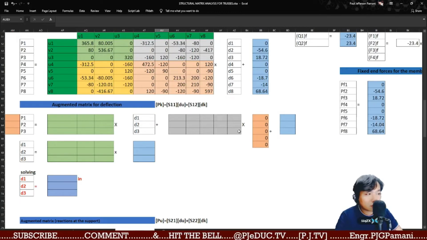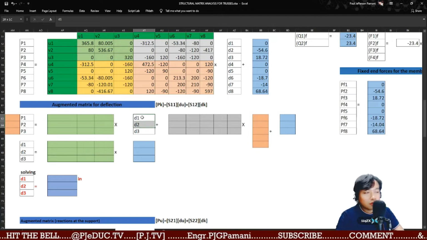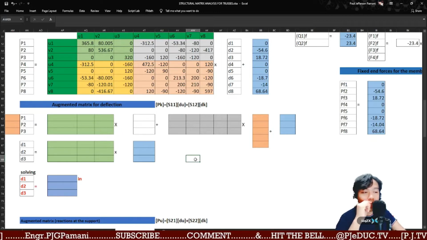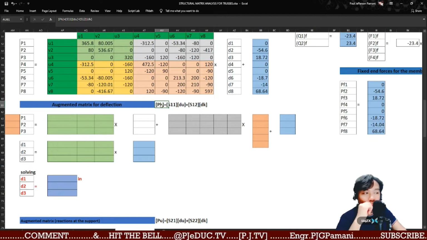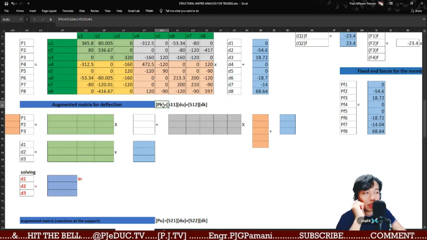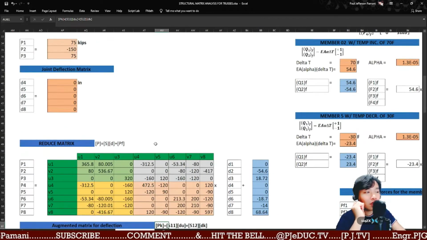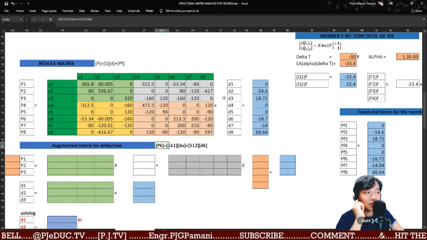Okay? So computing for the unknown deflections as well as the unknown reactions. Given our formula is the known forces applied to our truss system equal to the structure matrix S11 as shown in our partition matrix here, and the known deflection DU plus the structure matrix S12 times the unknown deflection.